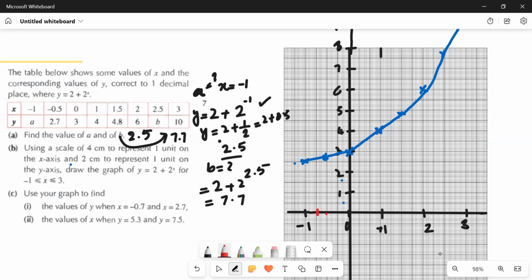We will draw this first. Okay. Now next one is 2.7, so this one is 2.5 and this one is 2.7.